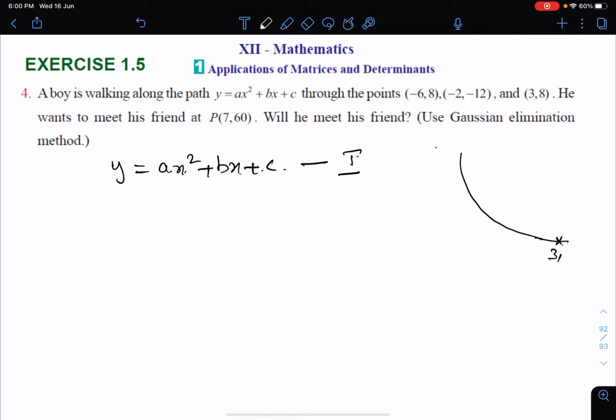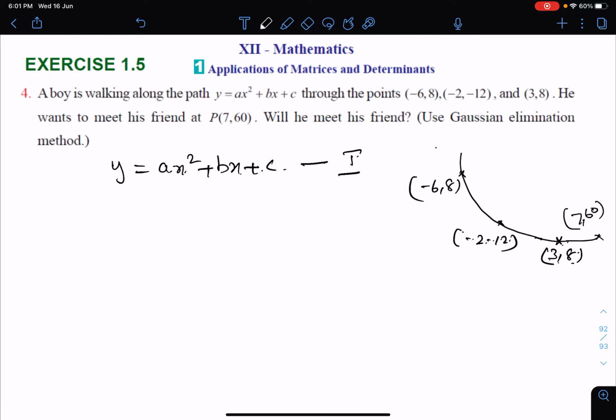We'll take the positive point 3, 8 here, and then minus 2, minus 12, and here you will get your minus 6, 8. And he wants to meet his friend at 7. So you extend this curve and your 7 will be here, 7, 60. We'll come to that at the last. First we'll find out our A, B and C and then we'll do that one. So he's walking through this path.